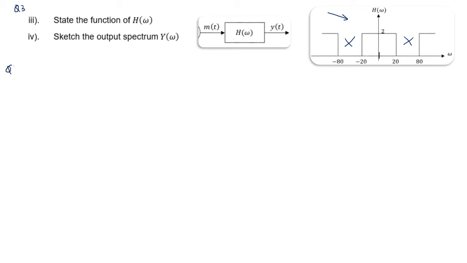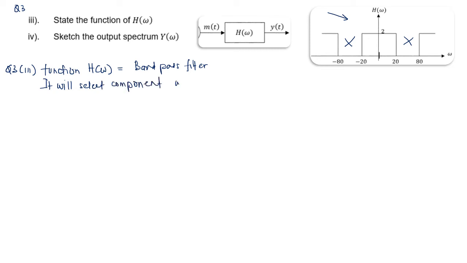Therefore, for question 3 part 3, the function of H(omega) is basically a band pass filter, in which it will select signal components within the passband, but remove unwanted signals. Okay, so this is the function of H(omega) in this case.